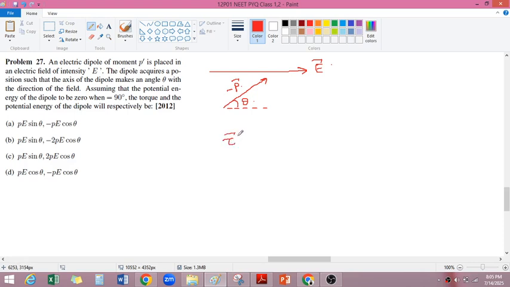Torque we have studied in the first chapter: tau is equal to P cross E, so that means it will be PE sin theta.